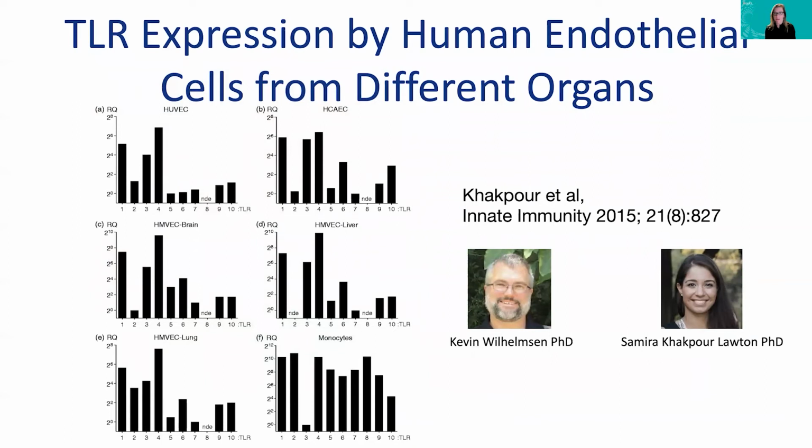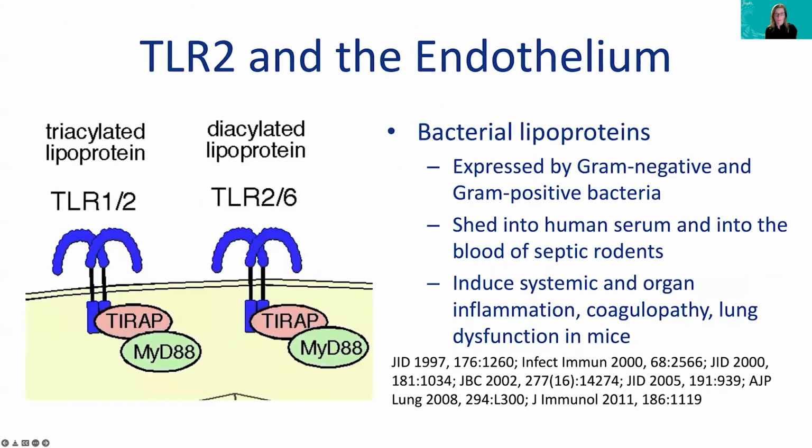In this study, we documented the expression of multiple toll-like receptors by human endothelial cells from different vascular beds, including HUVEC and microvascular endothelial cells from coronary arteries, the brain, liver, and lungs. My lab has a longstanding interest in the role of toll-like receptor 2 in sepsis and in immune function in general.